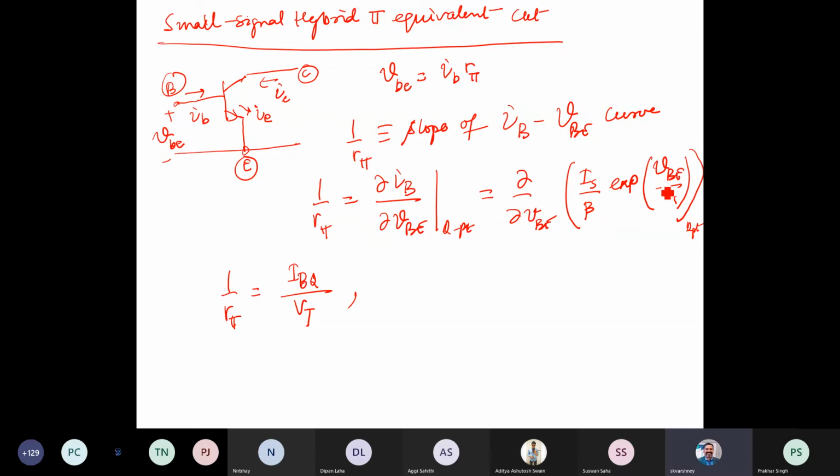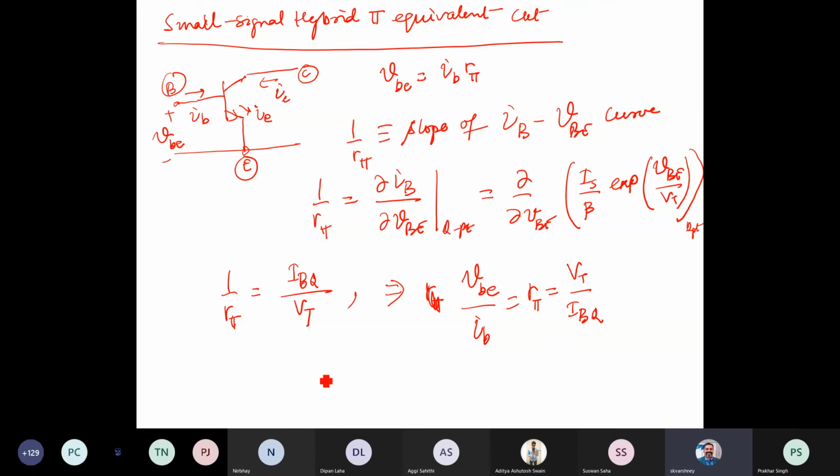No, IS over beta del over del VB. Check it out. VB over IB is R pi, which is VT over IBQ, right? It's correct.